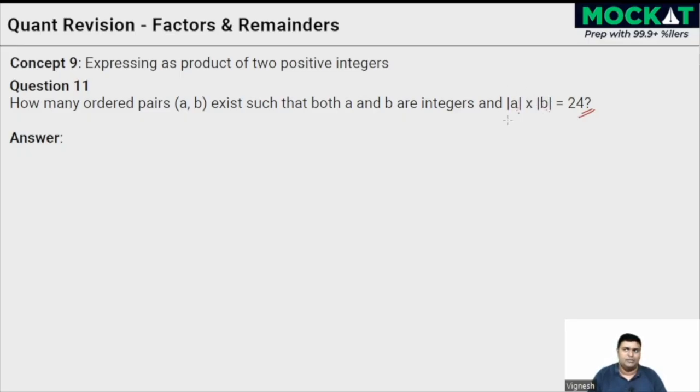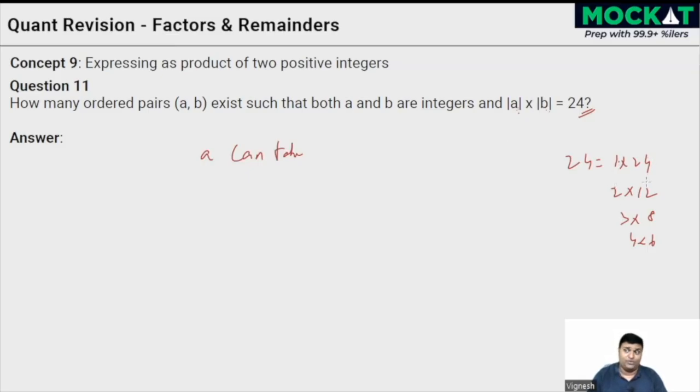For A and B, a modulus is being applied over here. That's it. So 24 can be written as 1 into 24, 2 into 12, 3 into 8, 4 into 6, and all of that. Now, simple thing, ask yourself how many values A can take. If it's only positive, you might feel A can take the values 1, 2, 3, 4.